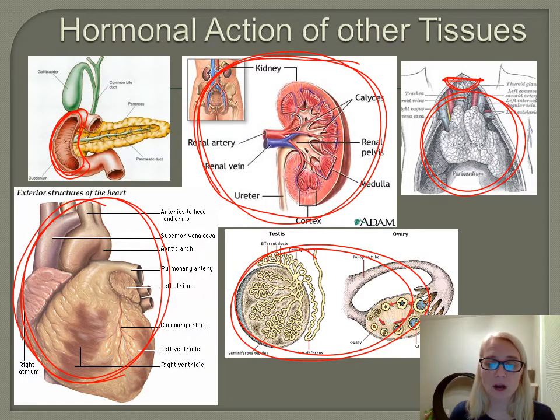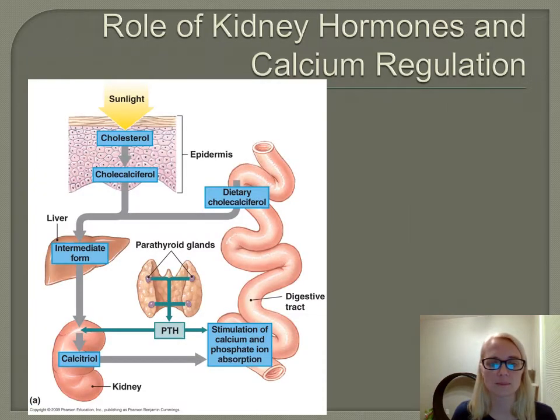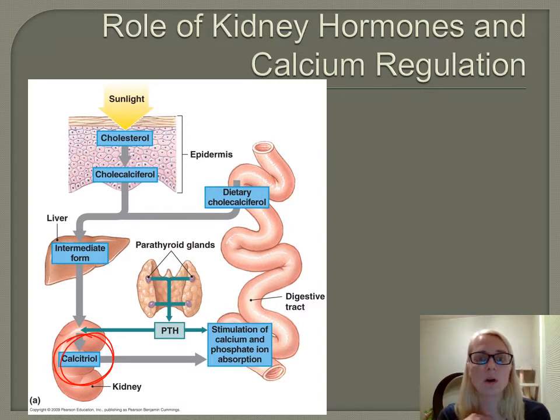But I do want to talk more about what the kidney does, because these hormones are going to come back so often that I need you to have a good grasp of them. One of the things that the kidney produces, which we've seen before, is calcitriol. Calcitriol comes from the vitamin D that was made in our tissues from exposure to UV light.